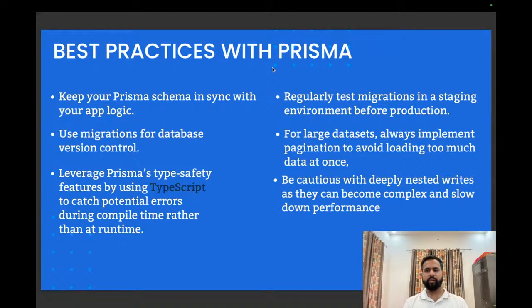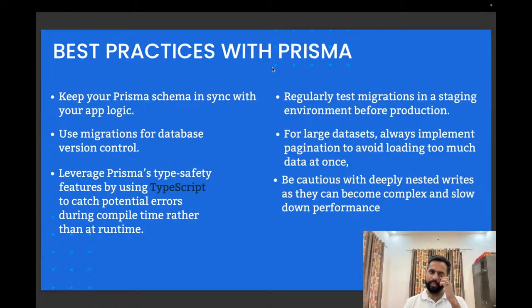And why is Prisma a bad fit? Why should you not consider Prisma? If you do not want to write any code for your backend, Prisma is definitely not for you. Or if you want to use raw type-safe SQL for querying your database.